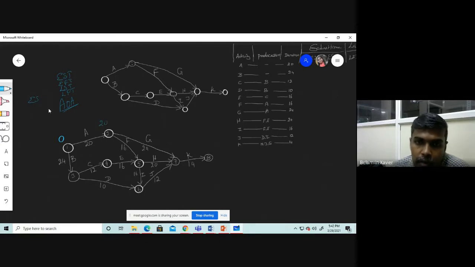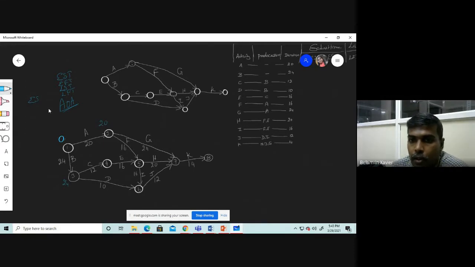Same way, when we calculate for activity B, for node 1 to 3, how early the particular activity can begin is 0. Then 0 plus 24, 24 is the completion time of activity B at node 3.